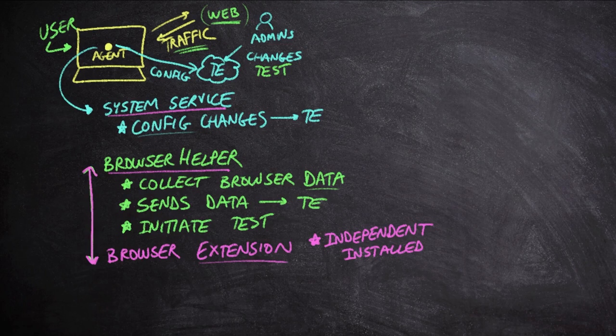The browser extension, on top of being independently installed, is going to perform the capture of our web traffic. Now we get to define what web traffic gets captured and what web traffic doesn't get captured. Generally, we don't want to capture all of the web traffic.